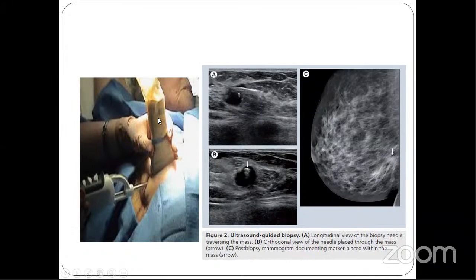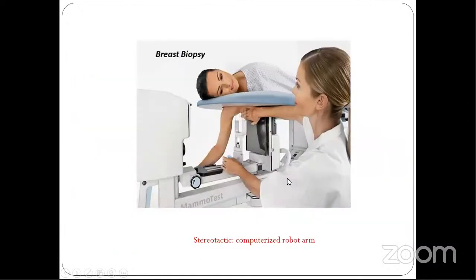Then by ultrasound, we can see the needle penetrate the mass. Then we'll do a post biopsy mammogram, documenting markers placed within the mass. We'll do the marking here and do the mammography as medicolegal documentation. This is the stereotactic computerized support, or this is the device.